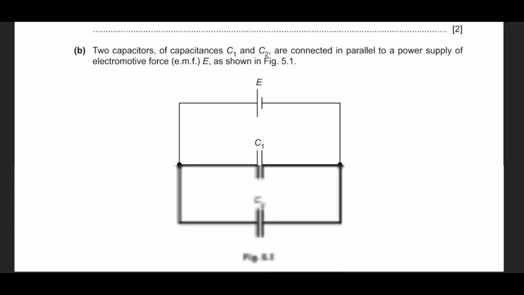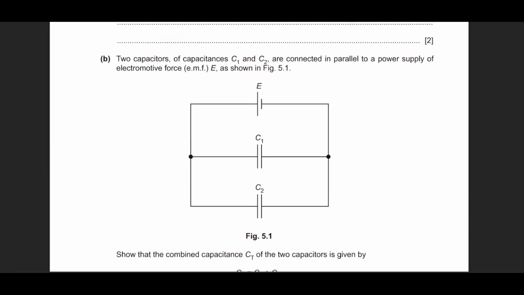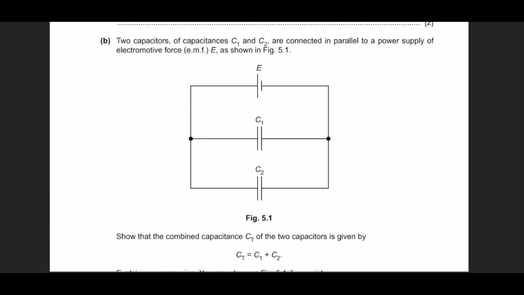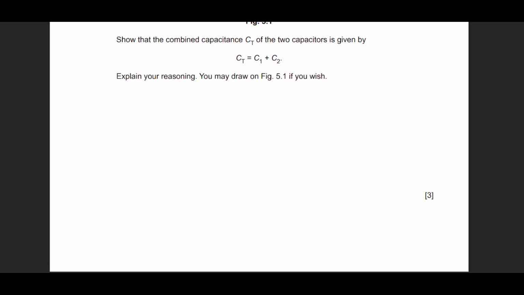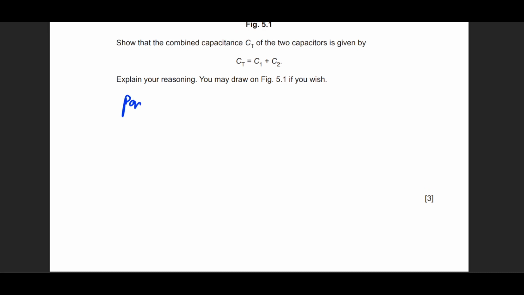Simple. Okay. Now we have two capacitors connected in this format, C1, C2, in parallel. Okay, voltage will be the same. He says prove that this is the case, and explain your reasoning. You see, since they are in parallel, the voltage is the same. You can say that the voltage of the capacitor is equal to the voltage of the battery for both of them.